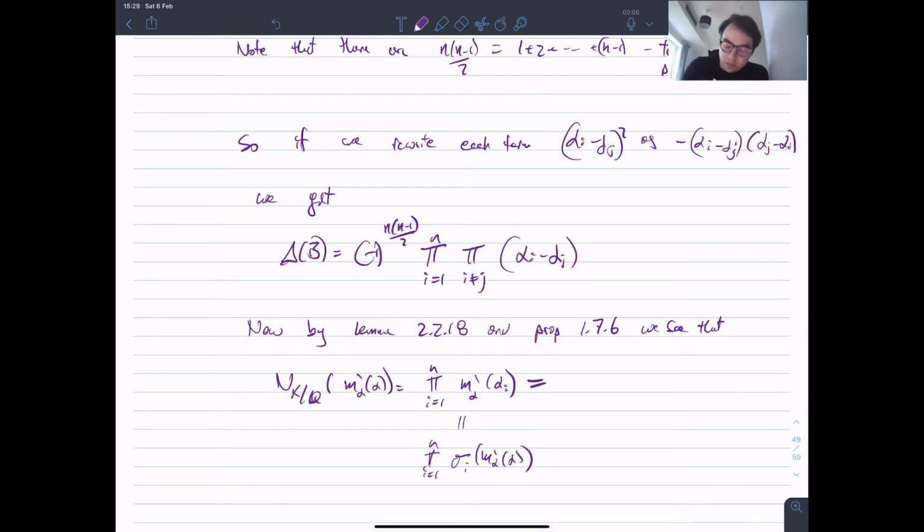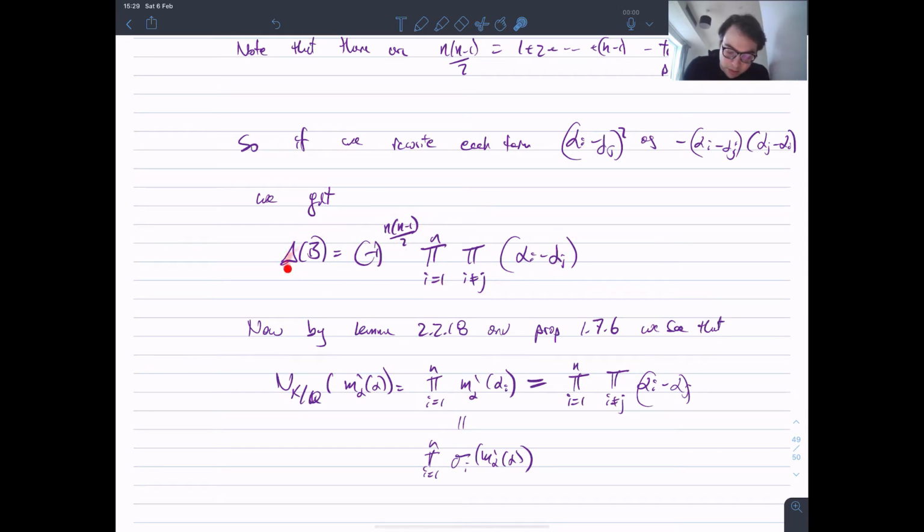Anyway, this thing, which we can then just rewrite as the product from I equals 1 using the previous lemma, and this is the product from I different from j of alpha I minus alpha j, which is exactly the expression we had up here.